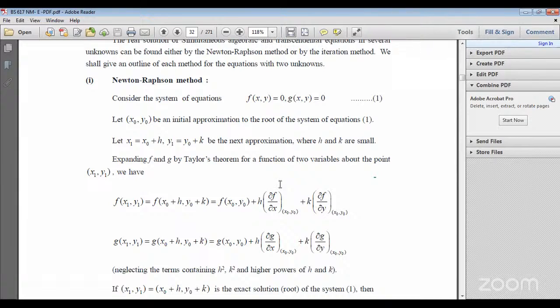f(x1, y1) = f(x0 + h, y0 + k) = f(x0, y0) + h ∂f/∂x (x0, y0) + k ∂f/∂y (x0, y0). g(x1, y1) = g(x0 + h, y0 + k) = g(x0, y0) + h ∂g/∂x (x0, y0) + k ∂g/∂y (x0, y0).